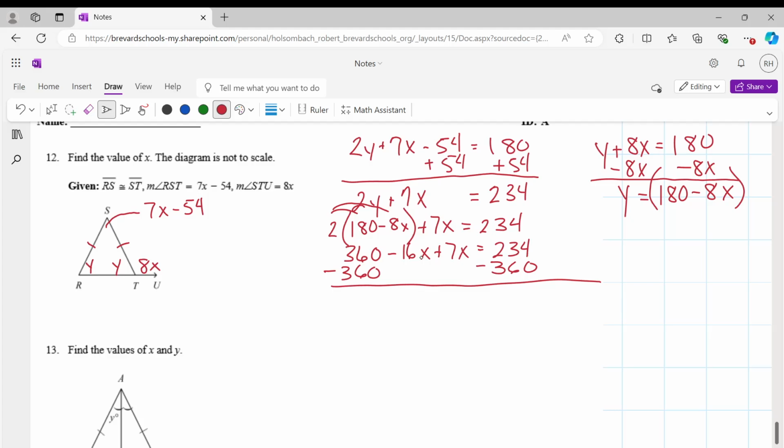Negative 16x plus 7x is negative 9x, is equal to 234 minus 360, negative 126. And then we've got to divide both sides by negative 9. And our x is equal to 14.